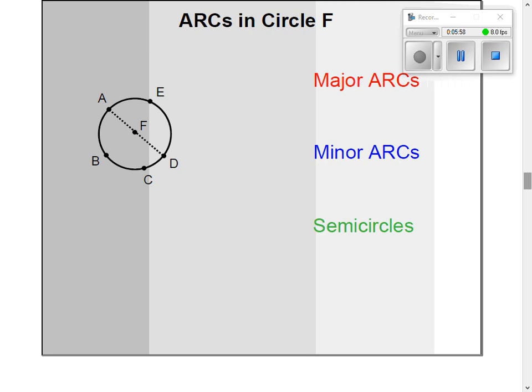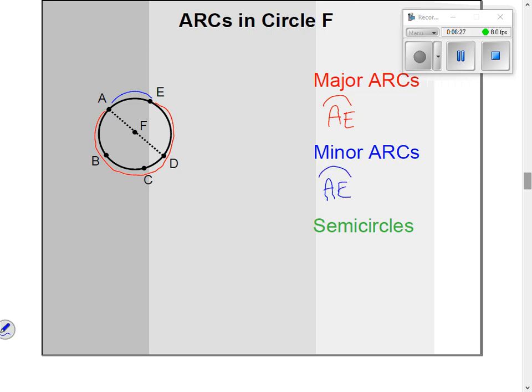Okay, so let me show you the classic conflict between major and minor arcs. So this major arc right here, and this minor arc right here, I've had students name them in this way. They called this major arc AE, and they called this minor arc AE.